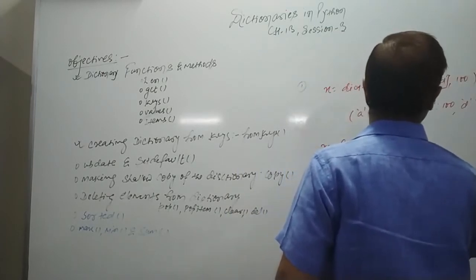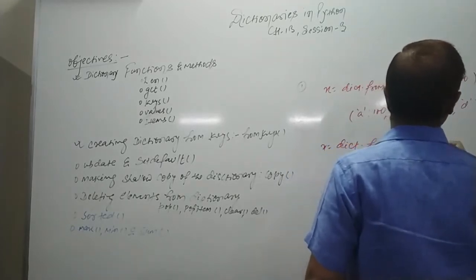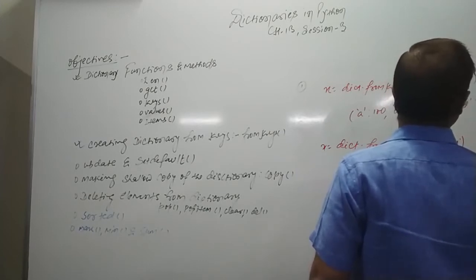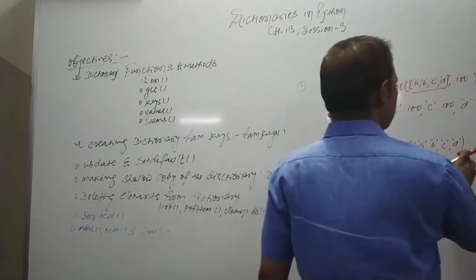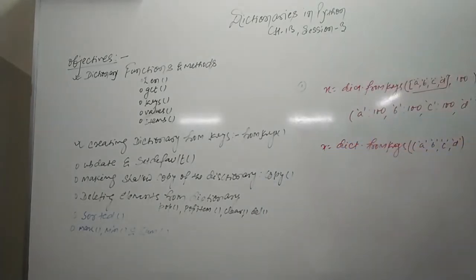and then inside the bracket you have to write the same a comma b comma c comma d. Now if you are writing like this and not passing any value, we are just closing it. This is again like a tuple, and I'm closing it here.